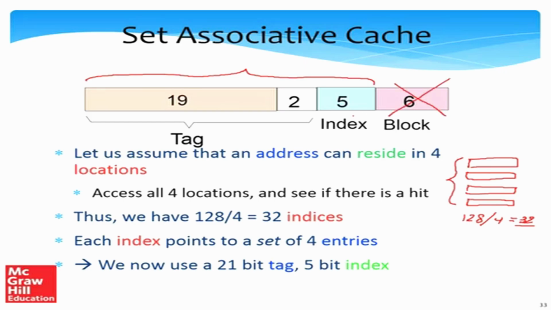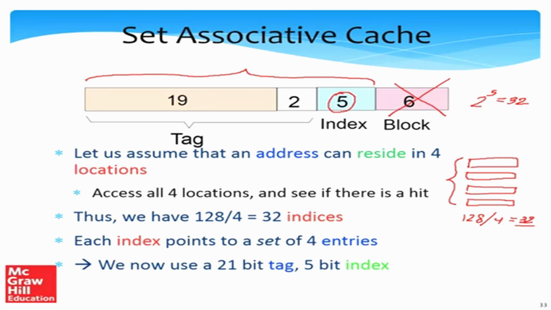Then since we have 32 sets, we'll take the lower 5 bits of what's remaining, and 2 to the power 5 is 32. We will use the lower 5 bits to first index and access the right set.